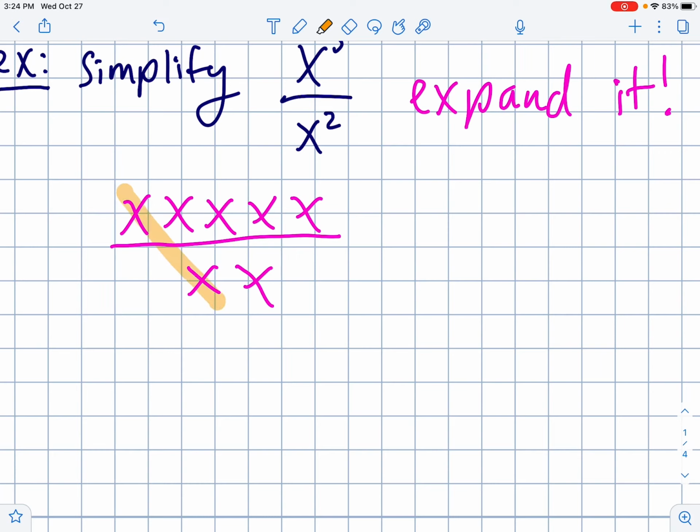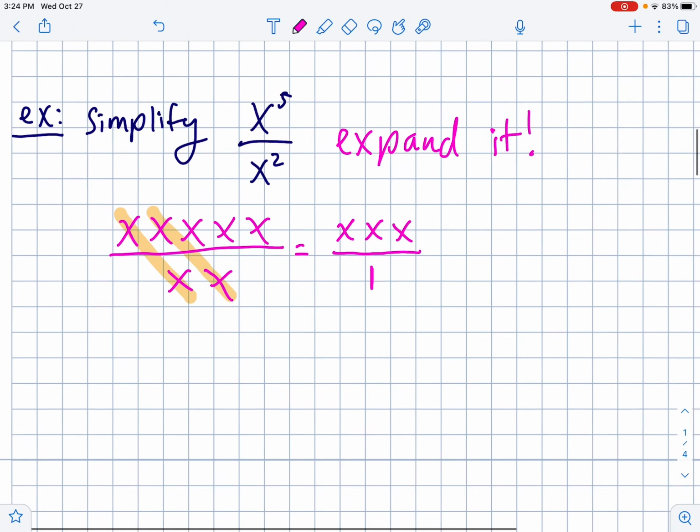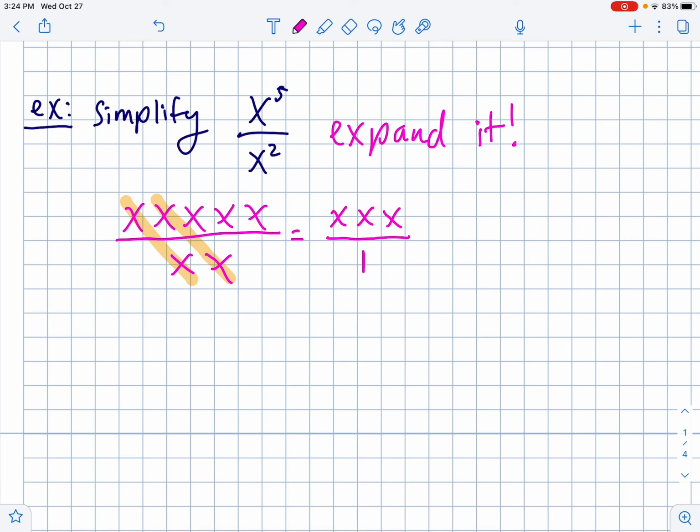So one set of x's cancels out and another set of x's cancels out, leaving us with 3 x's on just the top. Now, I realize that if you still have this in the fraction, everything's gone out of the bottom. So you can kind of think of it like there's a ghosty 1 down there hanging out. But dividing anything by 1 doesn't really change it. So this is the same thing as xxx, which is x to the 3rd power.